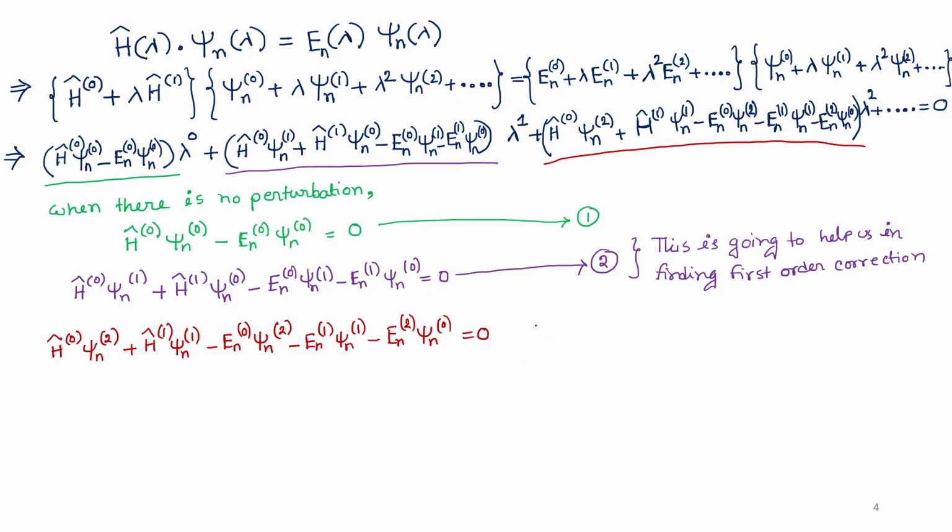This is also going to be 0 because of the power series. So in these cases, all these coefficient terms are going to be 0 as lambda is not 0. From here you can see you have en2, and we will be solving that time. We already have some expression for the first order correction to the energy and wavefunction, so that we can use that to go to the next step.